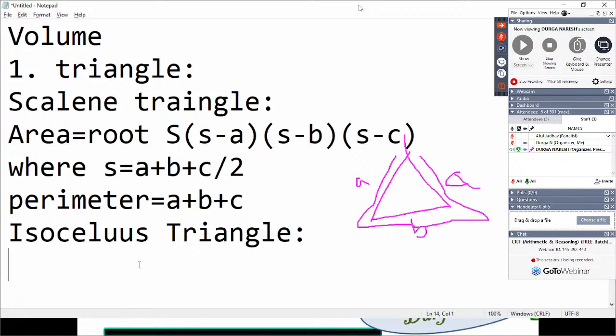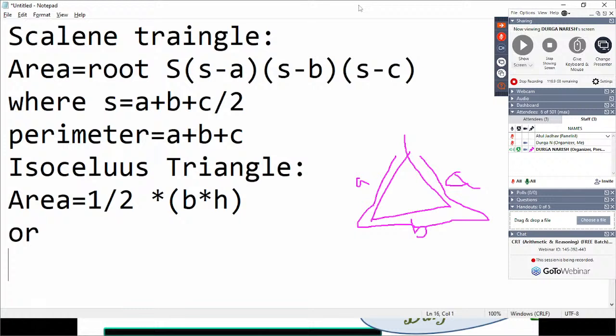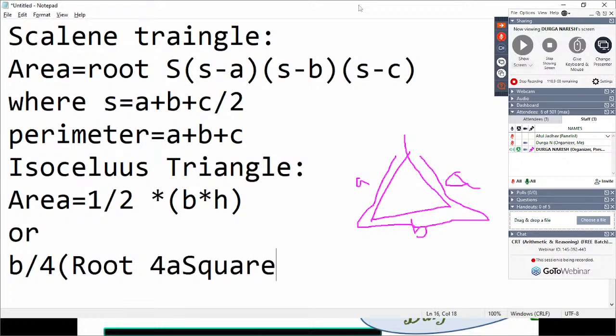At that time, area is equal to half of base into height. That is a general formula for any triangle. Or b by 4 into root of (4a square minus b square).